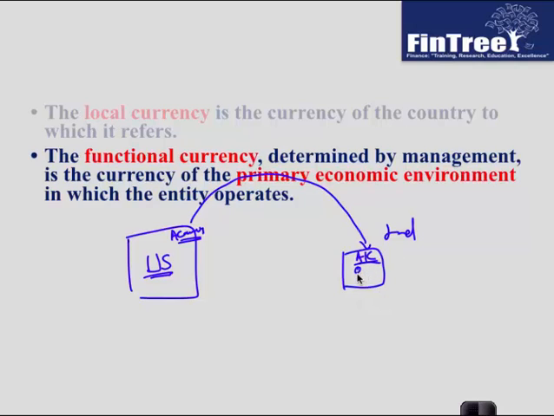Now, this Indian company in a way has nothing to do with the Indian business environment. The only reason why it is in India is that the manpower cost is relatively cheaper, and the Indian company is billing the US company in US dollars. So the primary economic environment here would be USD, and therefore it would be considered the functional currency. Are we good?